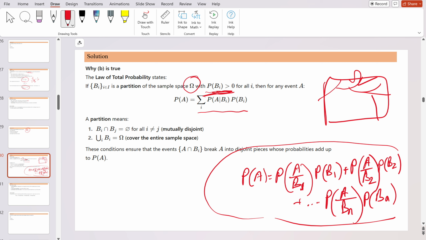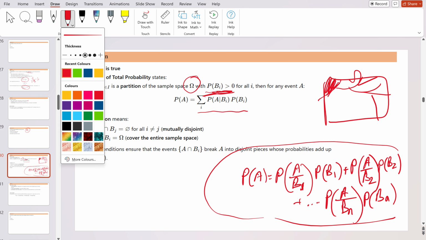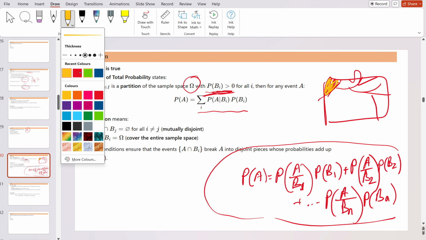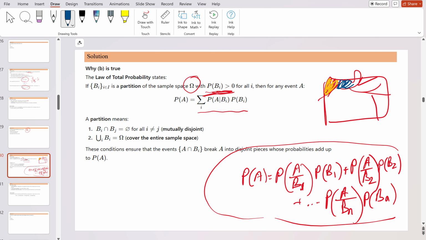And a partition means that, let me take another pen, suppose this is B1, and another part is B2. Both are disjoint, so the probability of Bi intersection Bj, the element which is common in between, is the empty set phi for all i not equal to j, which are mutually disjoint sets.